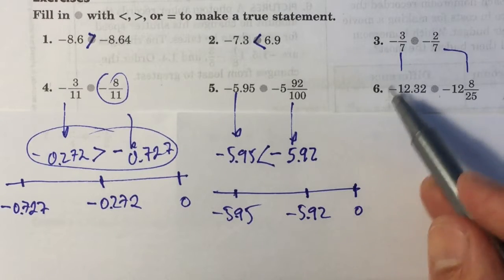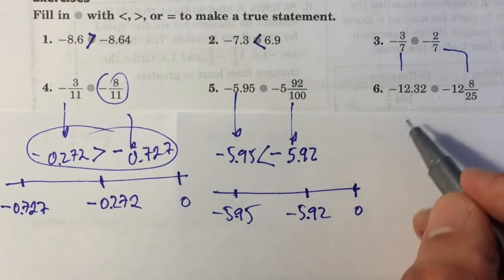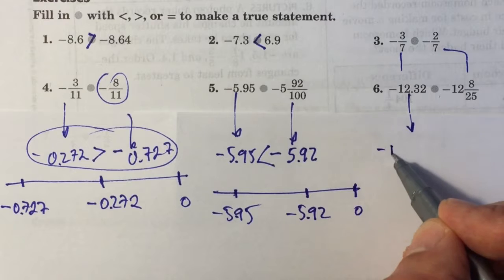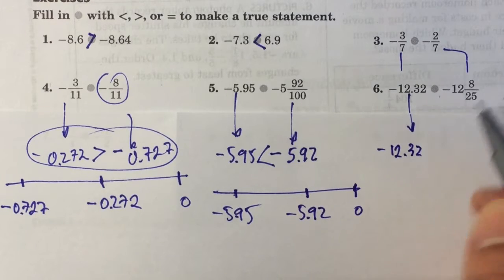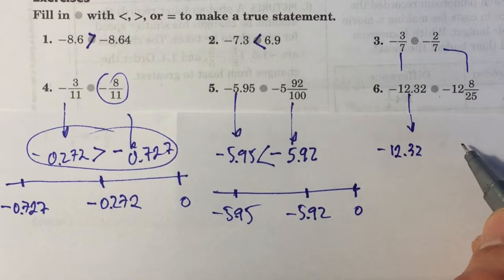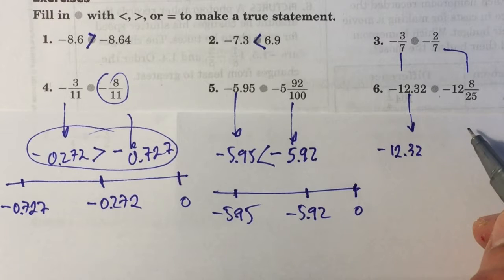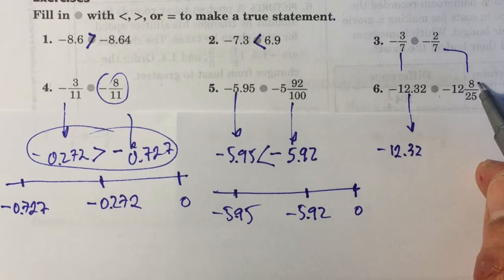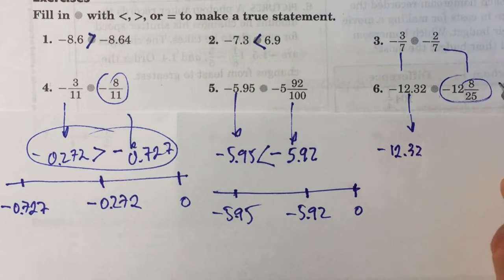In number 6, I have again a decimal and a mixed number. So this decimal, I leave it as a decimal. And this one, I have to change it to a decimal too. Now, remember, 8 over 25, if you do the division, is going to be 0.32. So this number here, I can rewrite it as negative 12 plus 8/25, that is 0.32.